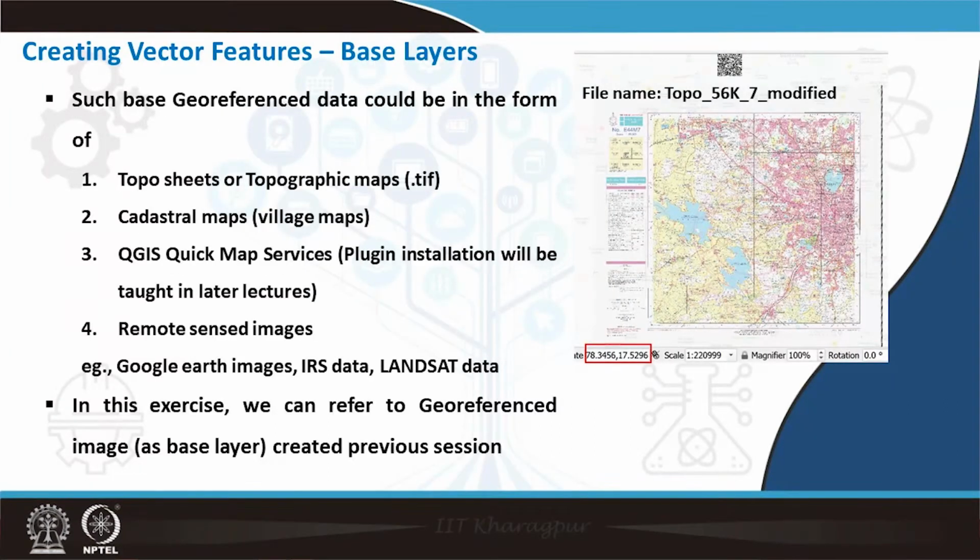So, the georeferenced data can be in the form of a topographic map, that is .tif, or it can be in the form of a cadastral map or a village map, or it can be in the form of a web map service, that is nothing but the plugin that is already installed in QGIS, as shown in the previous lectures, or it can be any kind of remotely sensed images, meaning to say you can take a satellite image or IRS data, that is Indian Remote Sensing data, or Landsat data, anything similar to that.